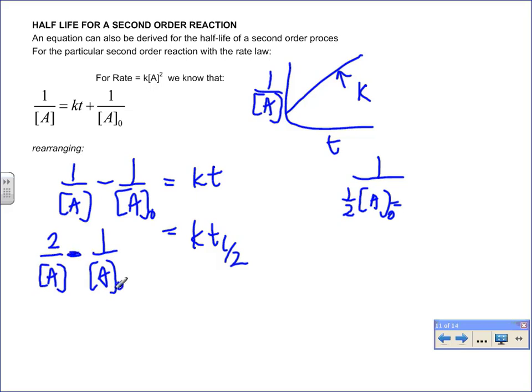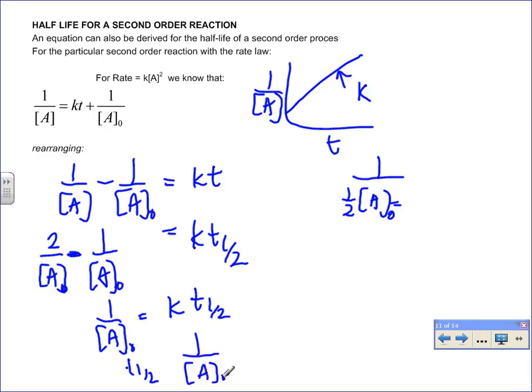So what we have here is 1 over A naught is equal to k t half. So we have the half-life is 1 over the concentration of A naught times k. So this is our relationship.